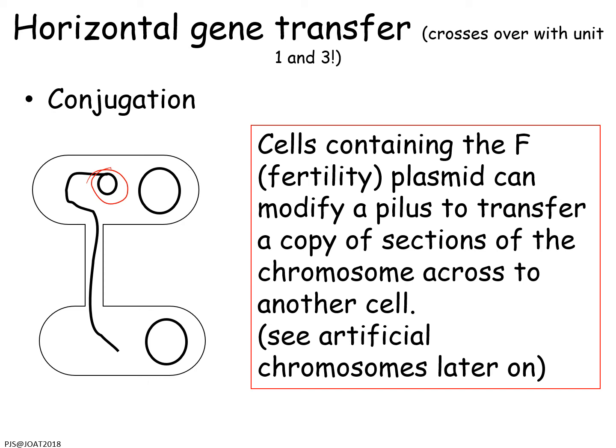Okay, and copy across sections from the plasmid into another bacterial cell. And this is how you get high-speed transmission of things like antibiotic resistance, and it is really important as a system.